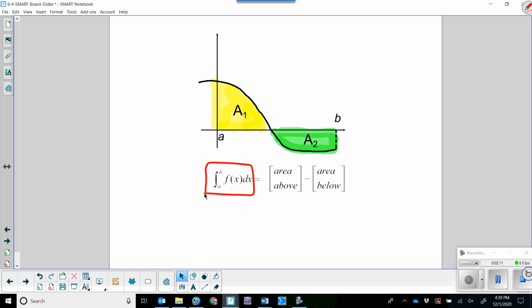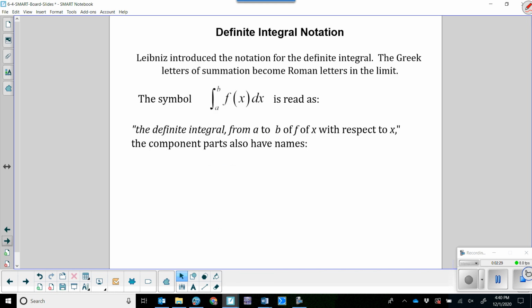So you can't completely think of this as area. It's only area if the entire function is above the x-axis. Important distinction there.